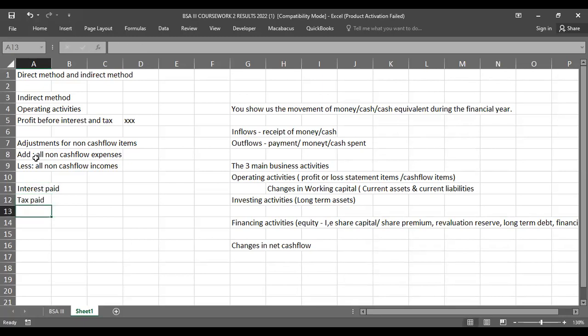So why we begin with profit before interest and tax is because of these two items that come later. What you have in your income statement is usually not the interest or tax charges that you actually paid. Those are expenses that occurred during the year, but you didn't necessarily pay them.